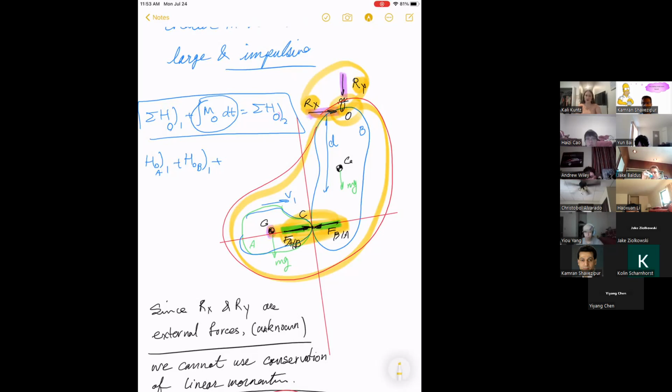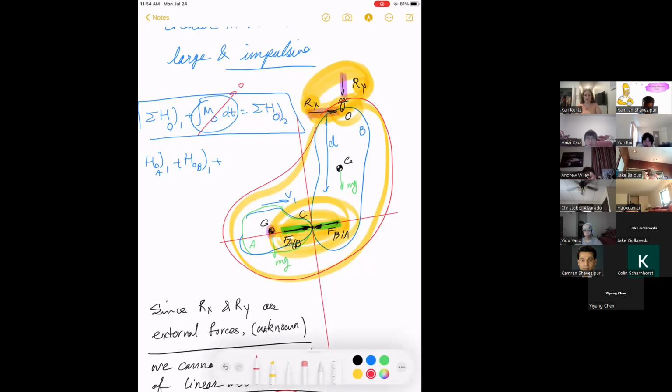Zero, because reaction forces technically pass through the pin, right? Then these forces do not create any moment. If I use this equation about O, then this will be 0, right? Which means you can say the angular momentum before and after is the same.